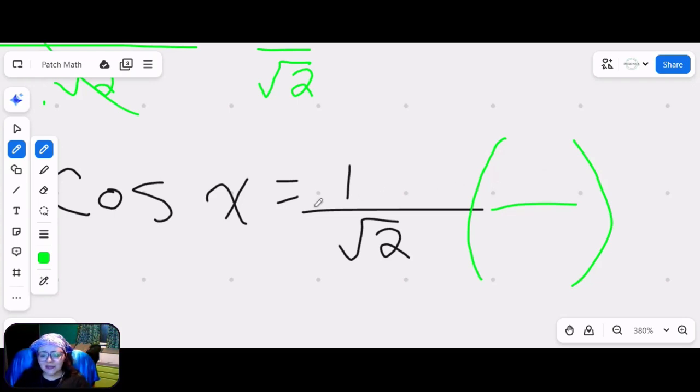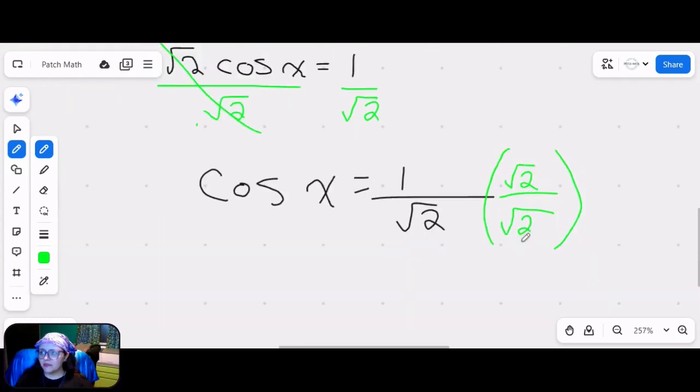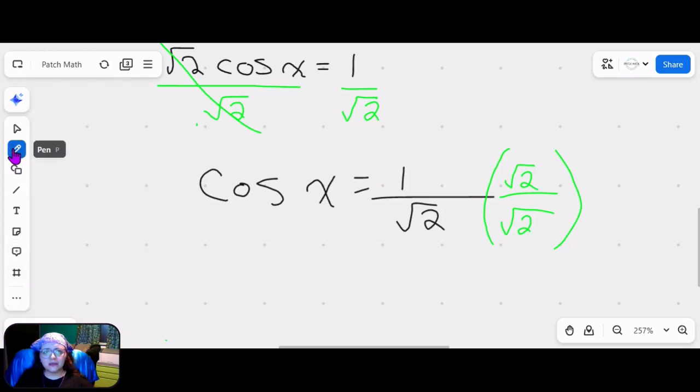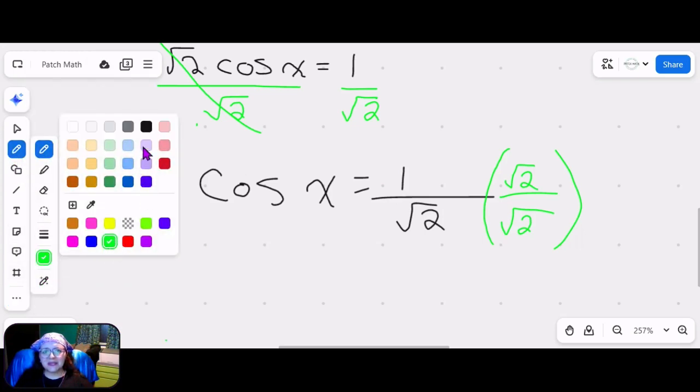We can easily get square roots to cancel out in the denominator by multiplying by the same square root of 2. And because we multiply the denominator by square root of 2, we must also do so in the numerator. And this simplifies to 1, so we're not changing the value, just the way that it looks.